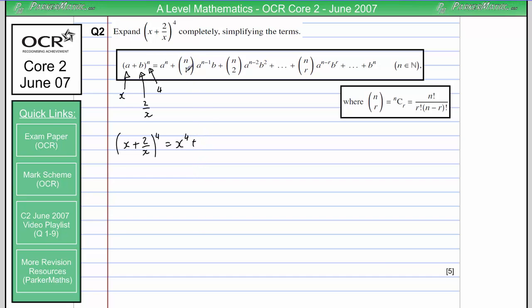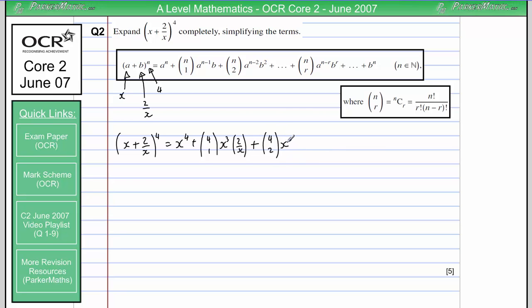Plus, in this bracket, instead of n choose 1, we're going to get 4 choose 1. We reduce the power by 1 for the next term, so we get x cubed, and this time we've got b, which is 2 over x. In our third term, we've got n choose 2, that becomes 4 choose 2.